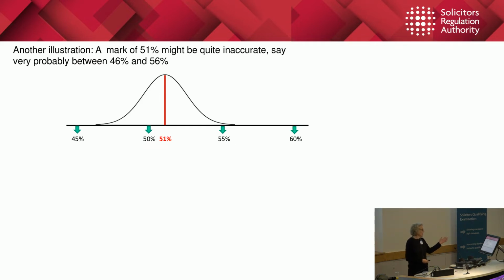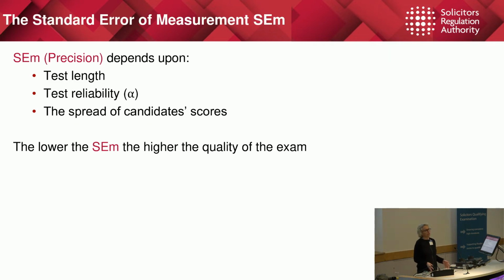The standard error of measurement is calculated from test length, test reliability and spread of candidate scores. But the basic point is that the lower the standard error of measurement, the higher the quality of the exam. Clearly, you want your exam to give as accurate a mark to candidates as possible.